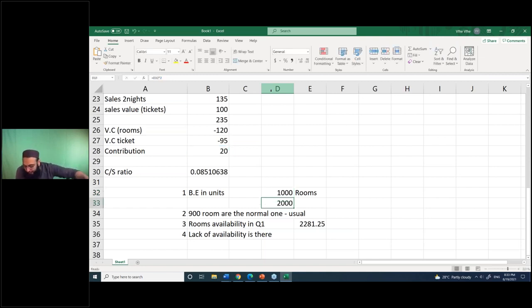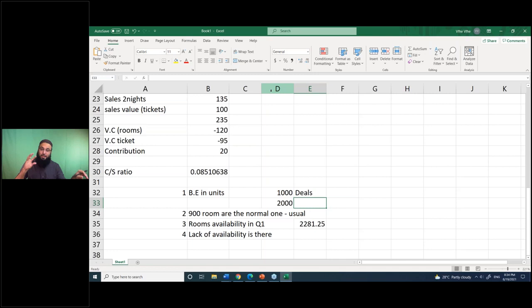Now this 1,000 is basically the break even. We need 1,000 deals. I'm talking about deals. We need to sell 1,000 deals, right? I can write here 1,000 deals to make it more clear. And in every deal, there is a requirement to stay for 2 nights, which means 2,000 room nights are needed.